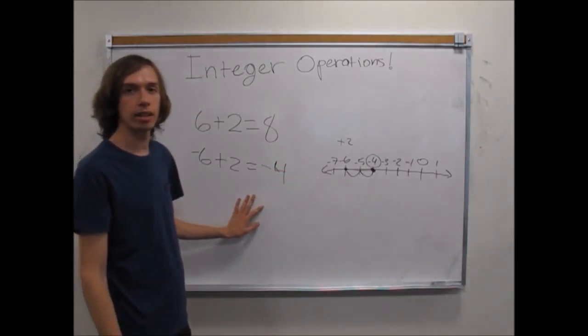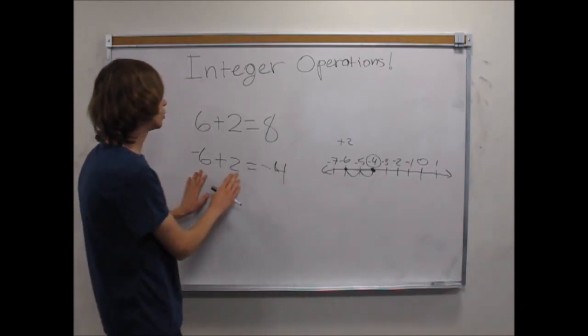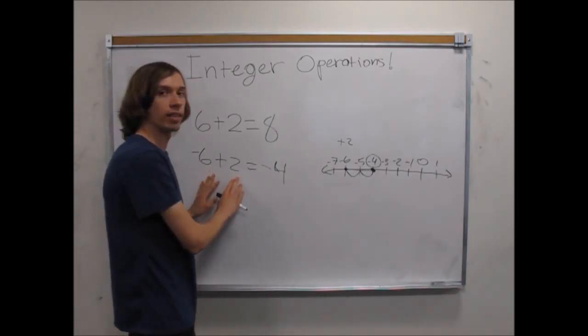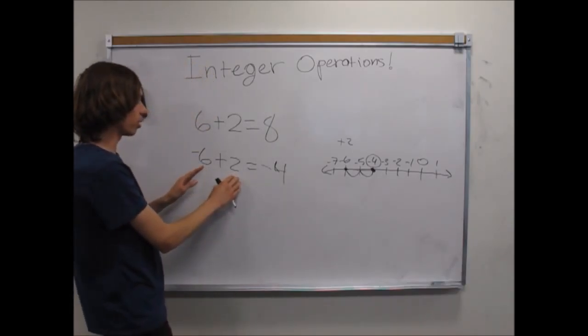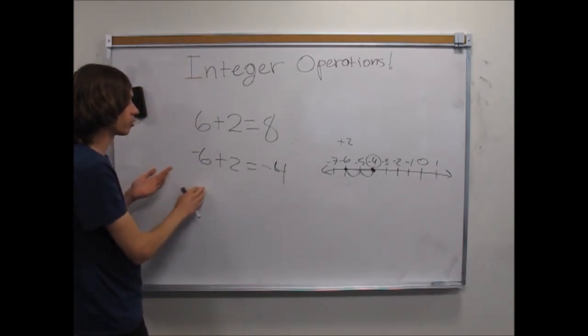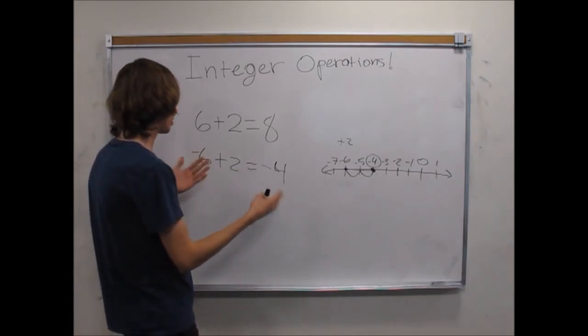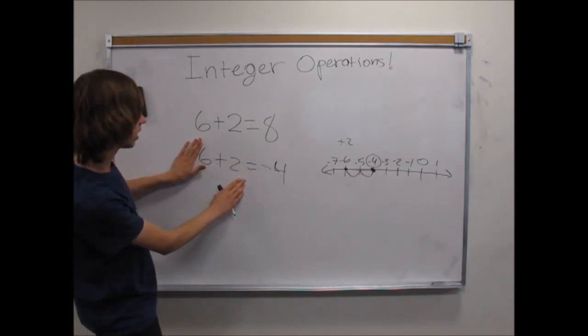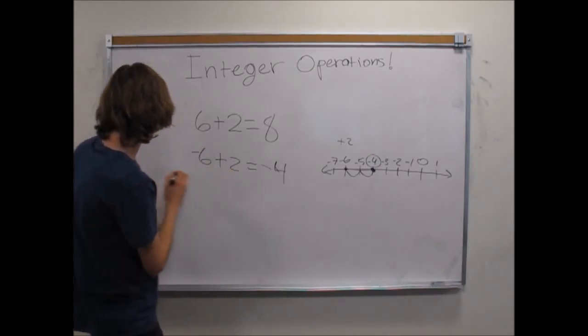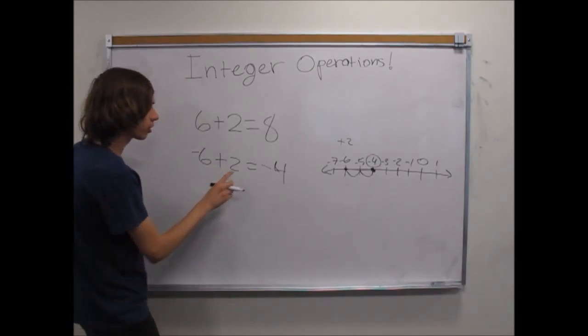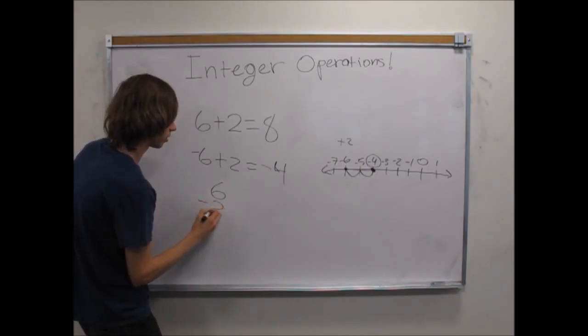And another way to look at this is whenever you're adding two numbers together and they don't have the same sign, you're just going to take the number that has a larger absolute value. You might not know what that means, but just don't look at the signs, and we can see that 6 is larger than 2, right? So we're going to take that 6 right here, and we're going to subtract the other one.